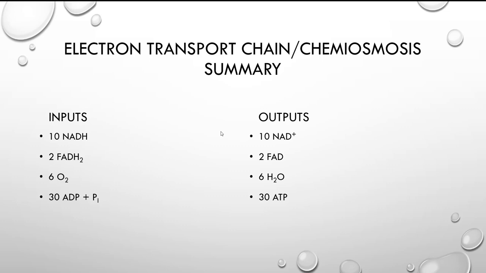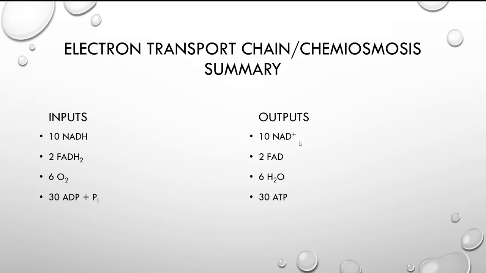Okay, so here's our summary. From glycolysis, the transition step and the citric acid cycle, we had a total of 10 NADH enter the electron transport chain. Those 10 NADH were stripped of their electrons, so they were oxidized to 10 NAD+.